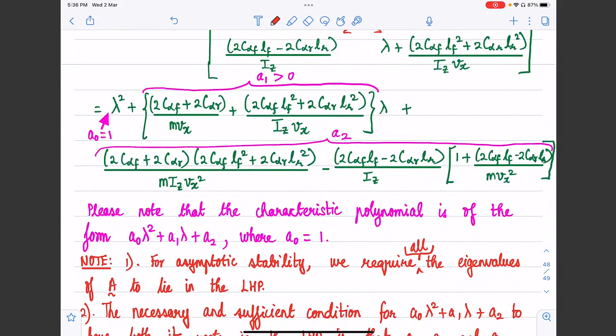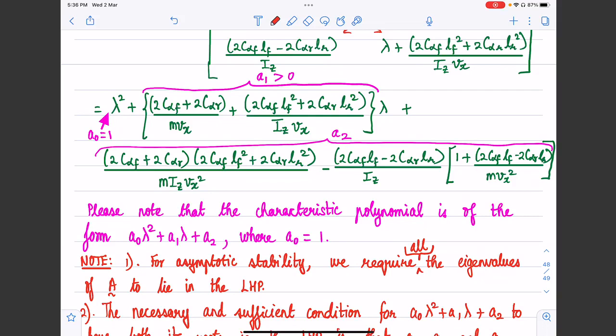In order to check that, we need to solve for the eigenvalues of the state matrix, but we already see that it's a very, very big expression. However, we don't want the exact values of lambda in terms of the various system parameters. We only want to find some condition on the system parameters such that both the eigenvalues will lie in the left half of the complex plane.